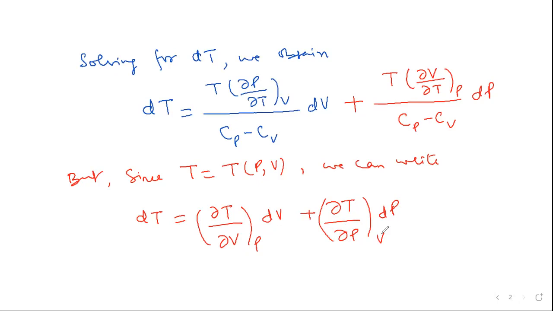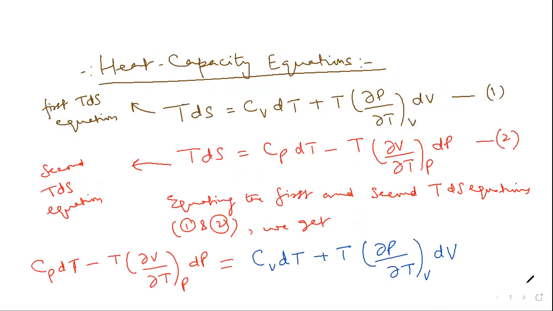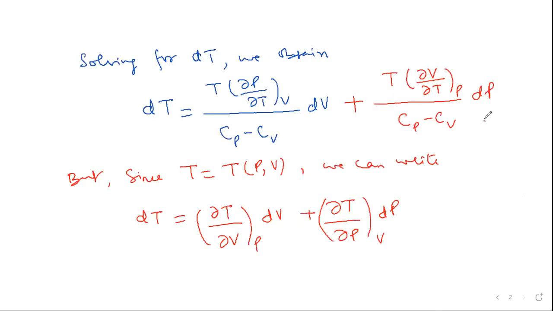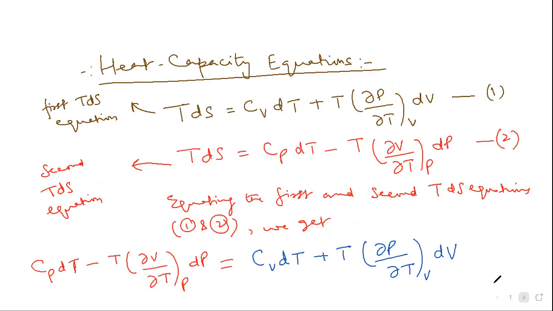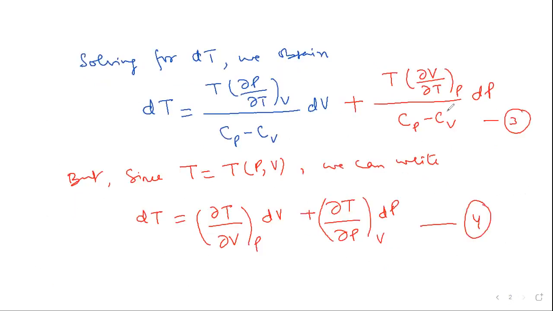Therefore, let me name these equations first. So second, this is my third, this is my fourth, right? So I can combine 3 and 4, or you can compare them. See here, this is dT equal to this thing, this is dT equal to this thing.